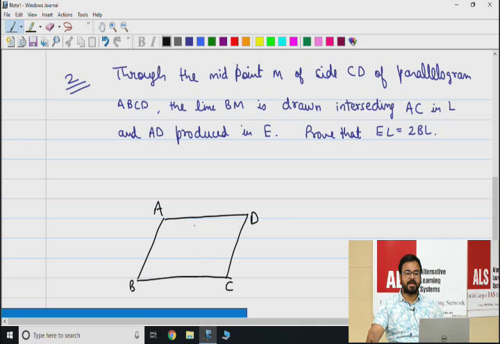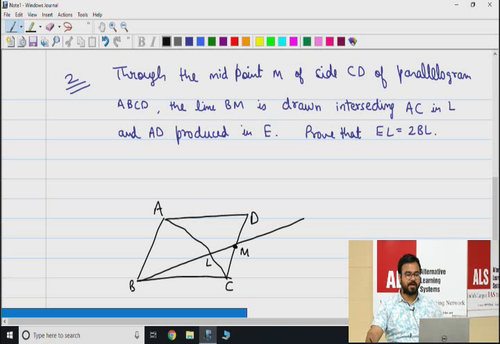Through midpoint M of side CD. So this is CD, this is M over here. M is the midpoint. The line BM is drawn intersecting AC in L. So BM is drawn, and this line intersects AC. It means we have to join AC also. So this intersection point is L.